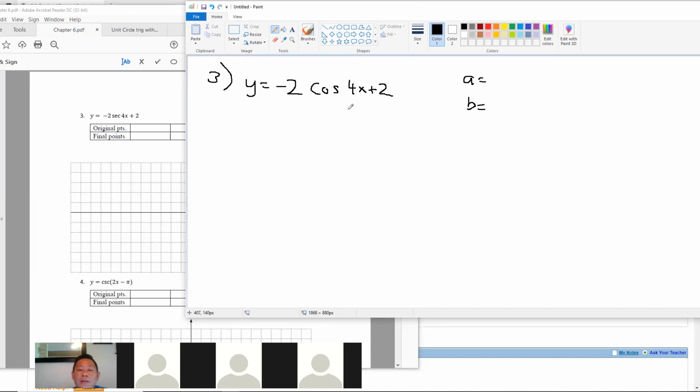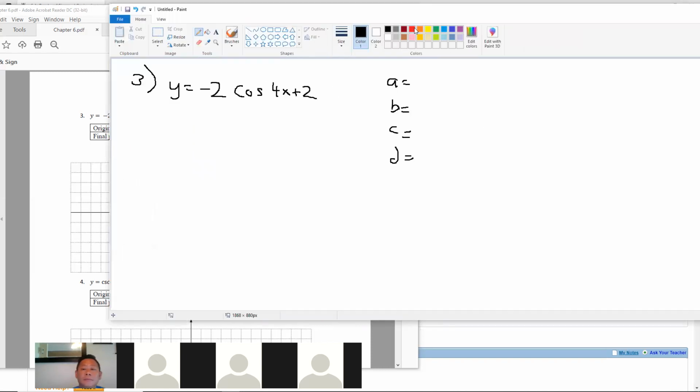So with this, can you tell me what are your A, B, C, and D? A is -2. B is 4. C is -2. No. That's the reason why I told you to be careful with the parentheses.